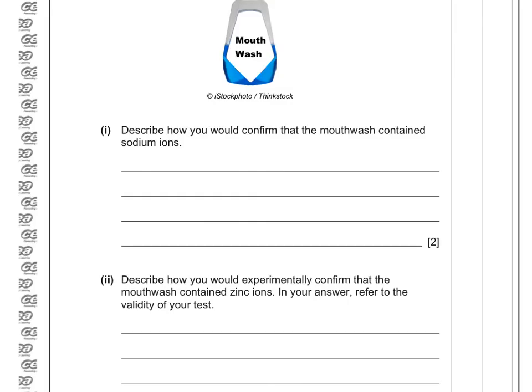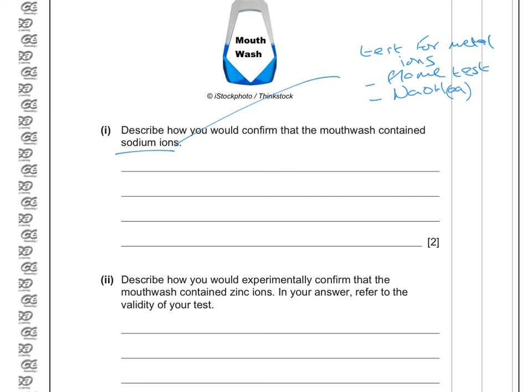Last couple of questions. Right, metal ion. Well, for the test for metal ions, you can either do a flame test, or you could react it with sodium hydroxide solution.